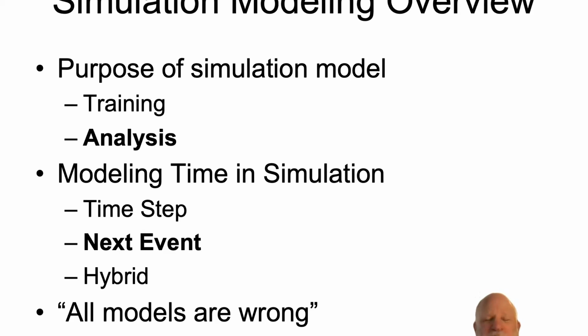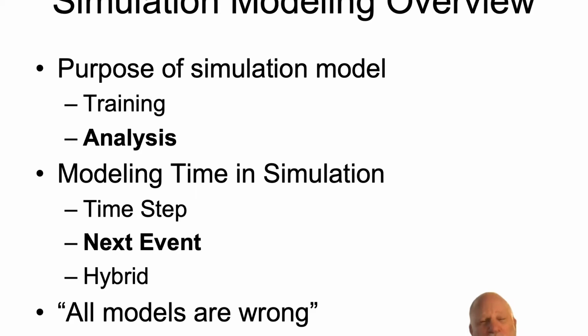There are two main methods of modeling time in simulation. The first is called time step. And what that involves is having a discrete amount of time. And what you do is you basically click the clock and advance it by a certain amount of time, and then do whatever you need to do, and then advance time again.